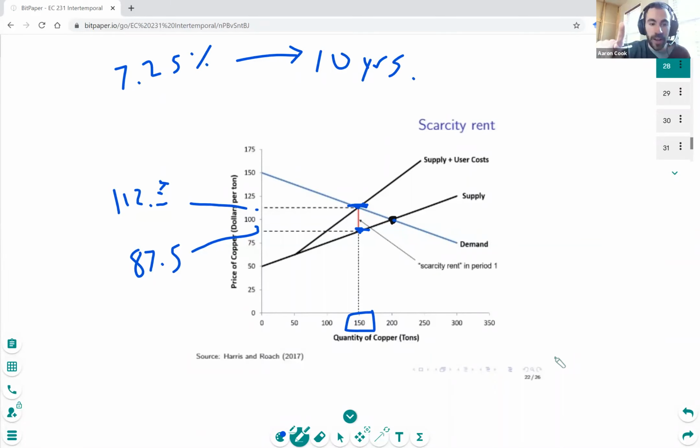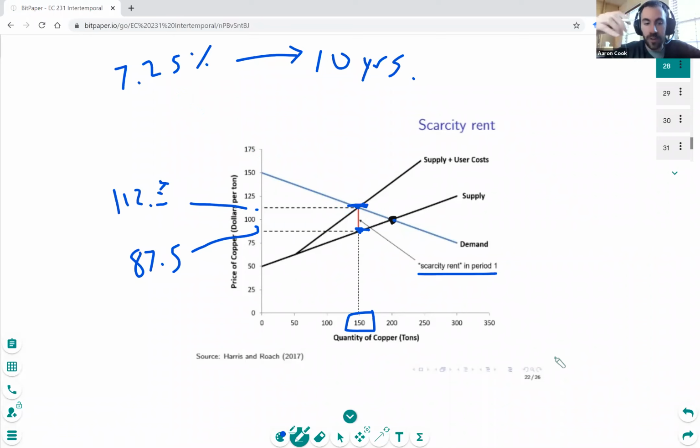So if you have this extra profit, which is the scarcity rent that you can earn in period one, you can invest it. You can invest it at 7.25% per year over 10 years, and make it grow and earn some return in some alternative investment. Okay.